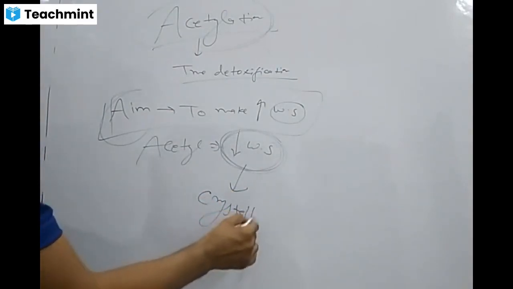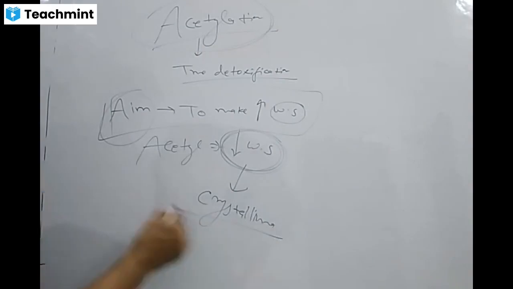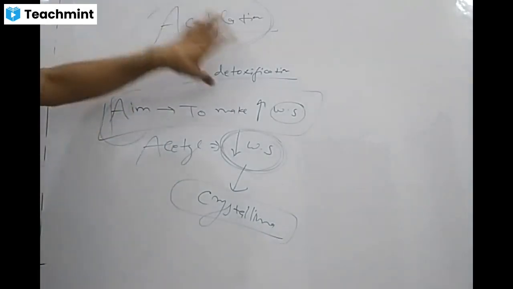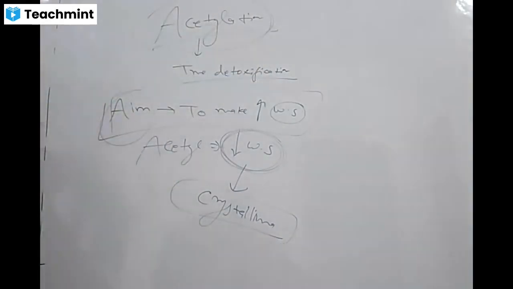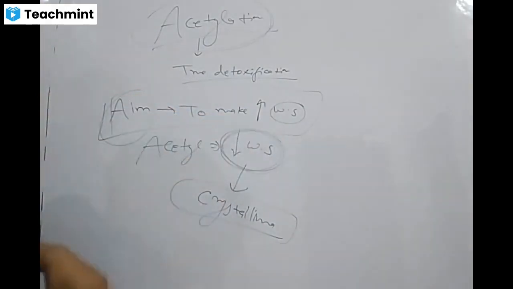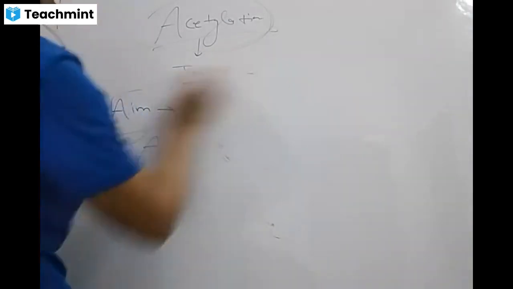Crystallization, crystal urea formation. That's the reason why acetylation is not a true detoxification process, because it decreases the water solubility, and it promotes crystal urea.